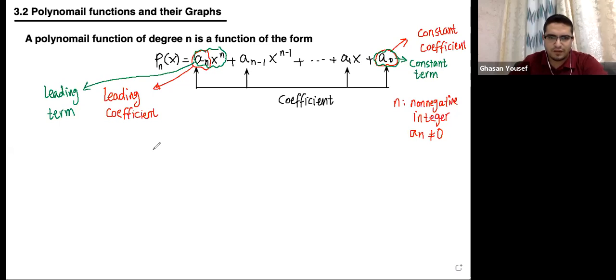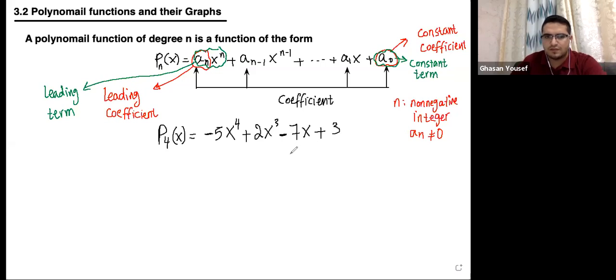So for example, if I have a polynomial of this form, p of x, I can write it as, say, minus 5 x to the power 4 plus 2x to the power 3 minus 7x plus 3.